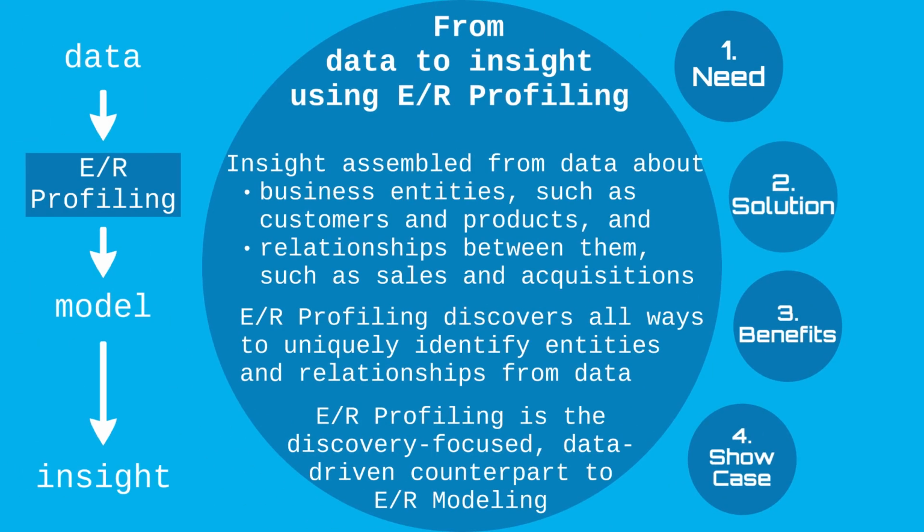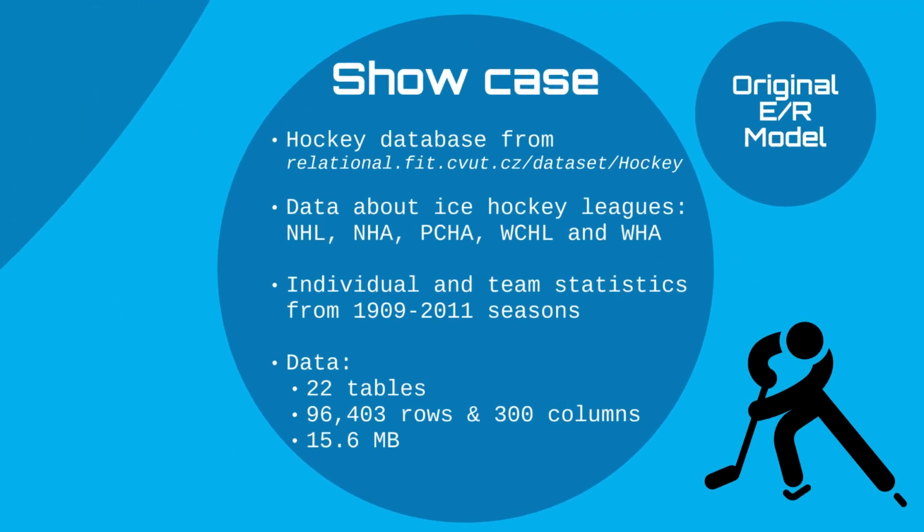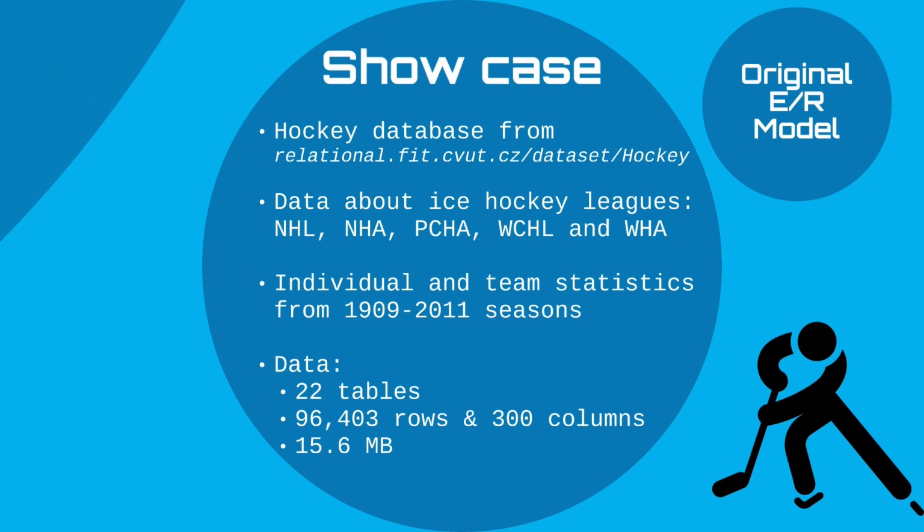Let's now have a look at our showcase. For that purpose, we picked a publicly available hockey database from the URL given up there. This includes data about ice hockey leagues, predominantly the National Hockey League, NHL, from North America, but also other leagues listed here.